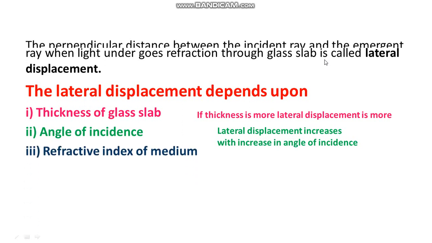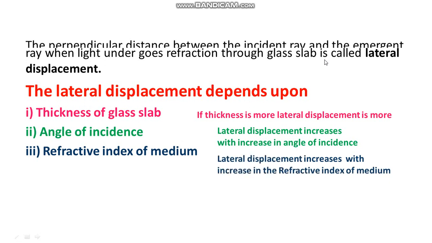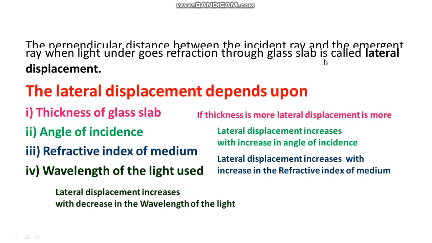Next, the refractive index of the medium. If the refractive index is more, then lateral displacement is also more. Next, the wavelength of light used: lateral displacement increases when the wavelength of light decreases. You know that the refractive index of a medium depends upon the wavelength of light, right? You learned that in the last videos.